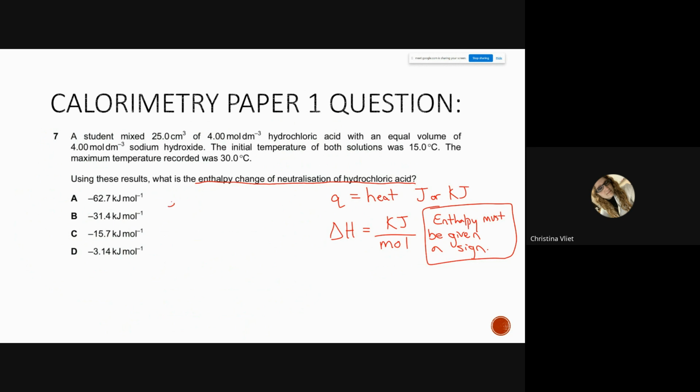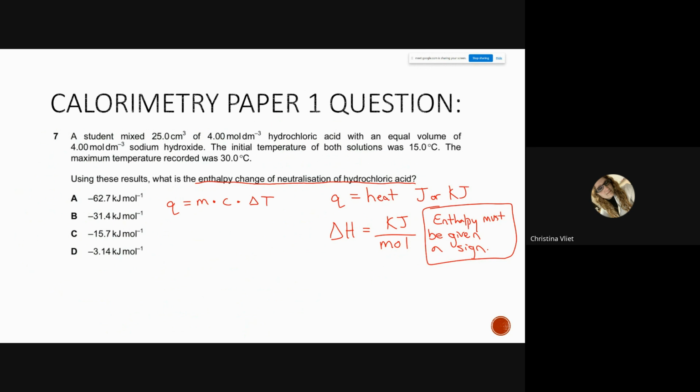All right, so let's find Q. How do we find Q? M times C times delta T. You think you should memorize that formula? Maybe. Well, you need it for the lab on Wednesday. So, what is my mass? Read the first sentence carefully.